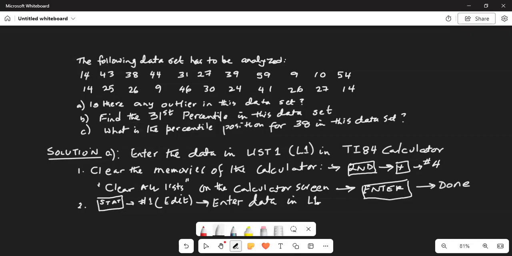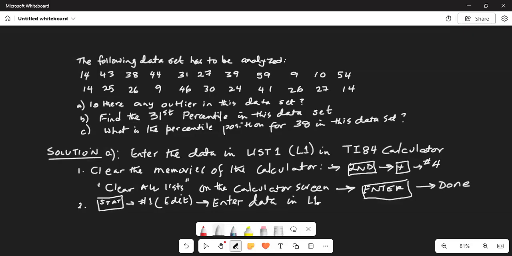So 14, then 43, then 38, then 49, then 31, then 27, then 39, 59, 9, 10, 54. That's the first row of data.